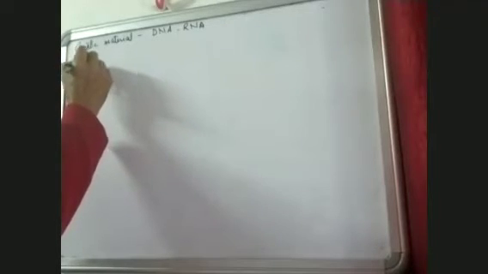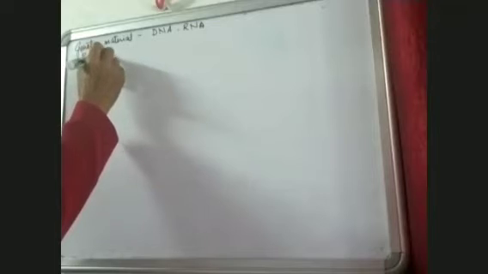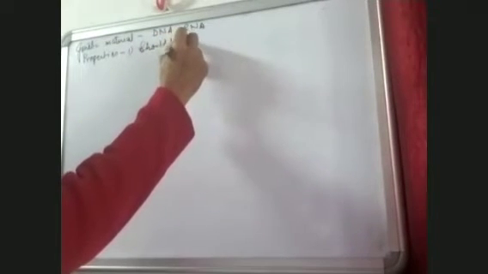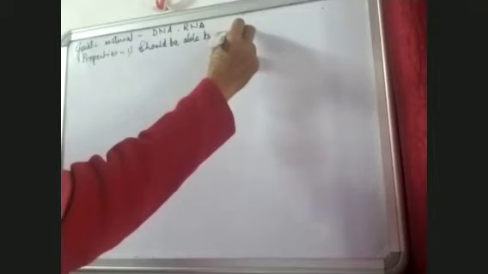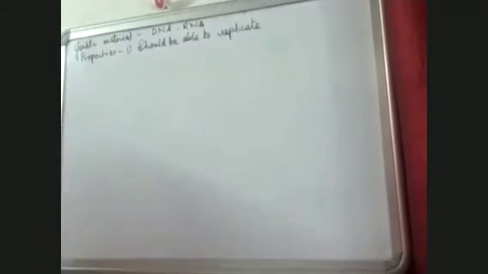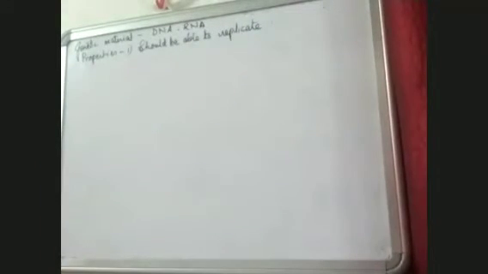To understand them, we will start with the simple first property: a genetic material should be able to replicate.